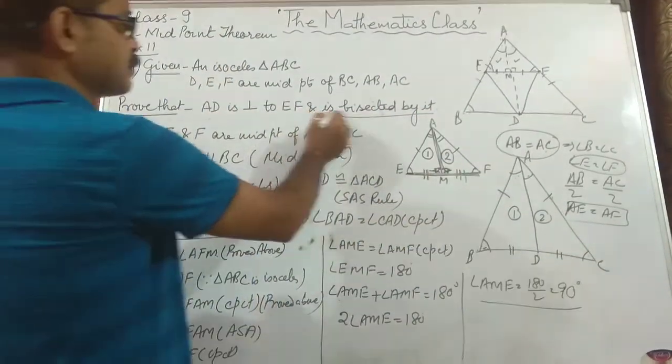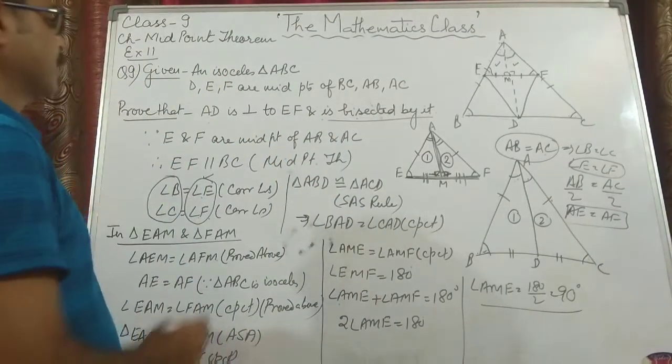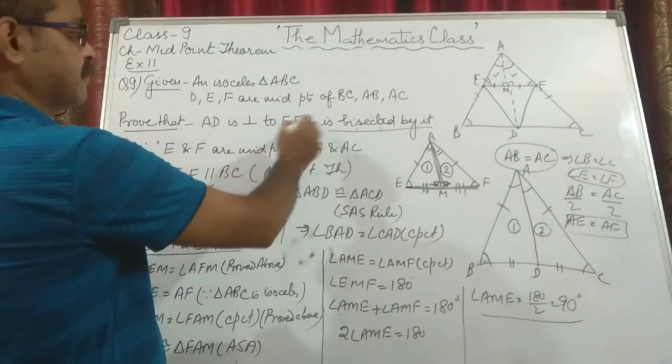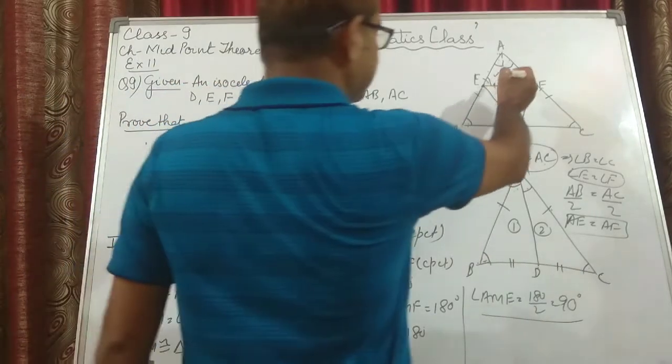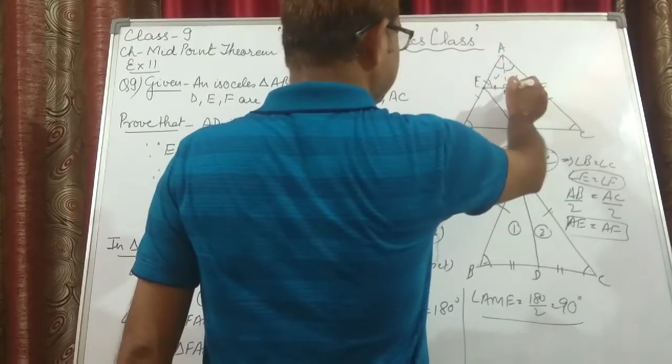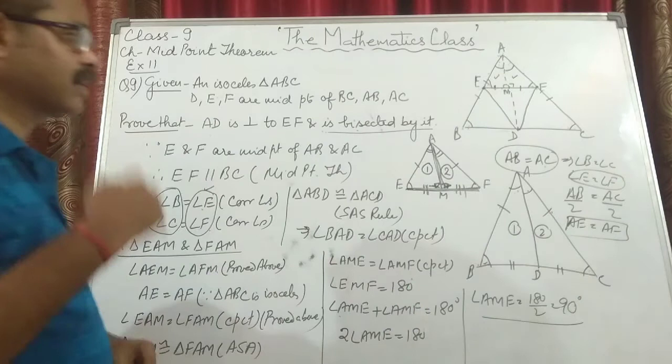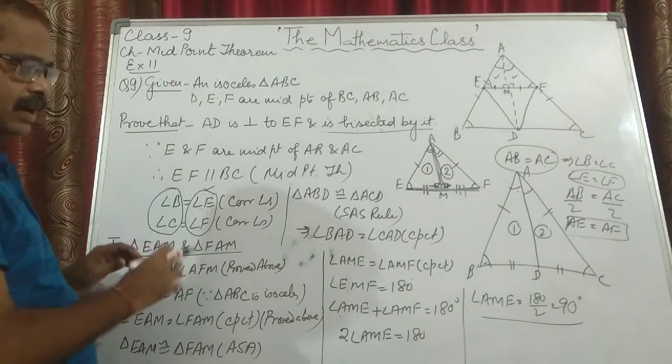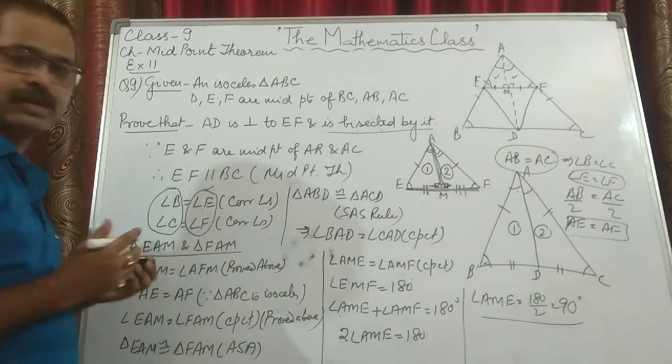Means AD is perpendicular to EF and AD is bisected by EF. It means we have to prove AM is equal to MD. That we'll prove now. First we'll rub it out, then we'll move.